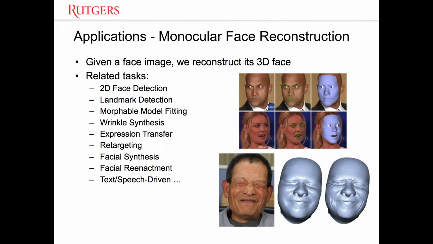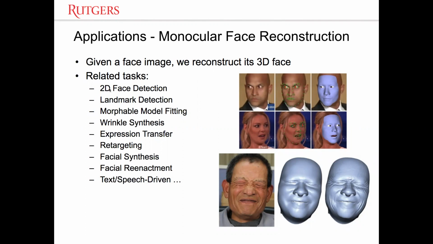So we're going to use this property for face reconstruction. The task of face reconstruction is as follows. You have a face image. We would like to reconstruct its 3D face, even the textures, the colors, the poses, the orientation, and some of the details.